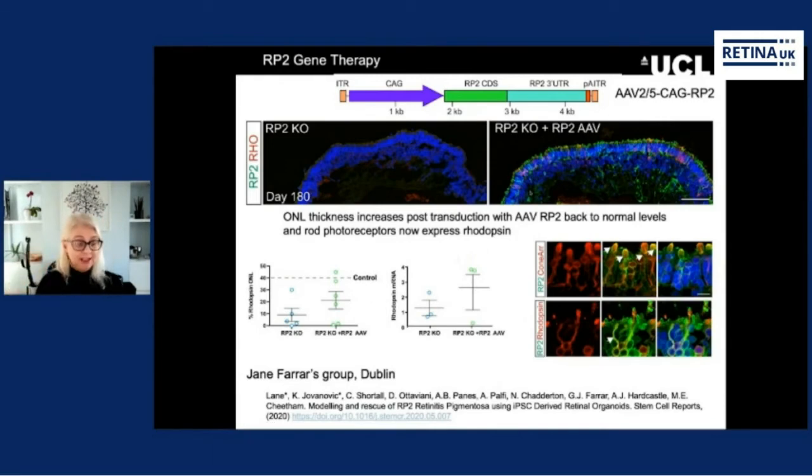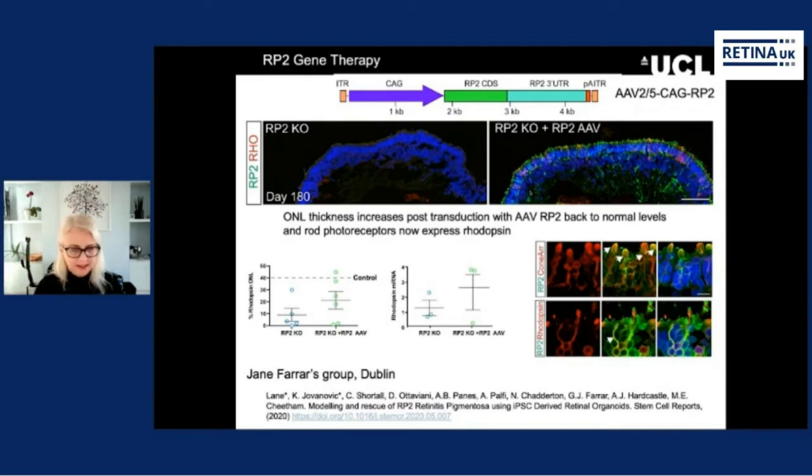But after we've done gene therapy in these retinal organoids, we can see that actually the retina gets thicker again. So it can actually restore the retinal thickness and help those cells to survive and prevent degeneration. So we're very, very excited about this work. This really shows the utility of using gene therapy as an approach for RP2.